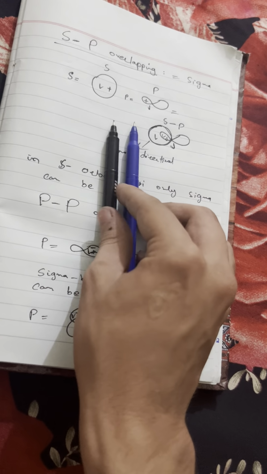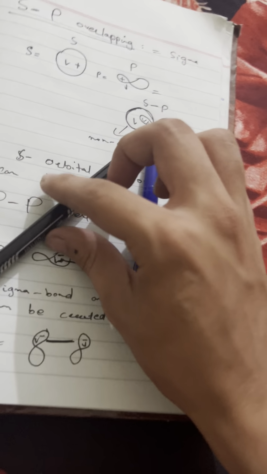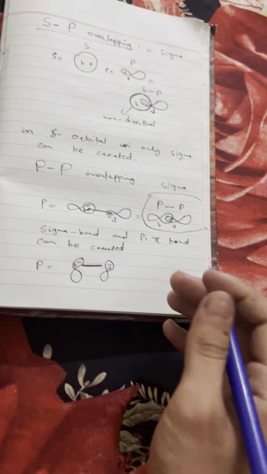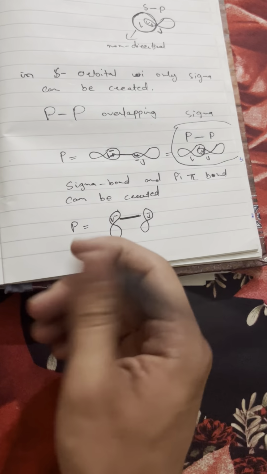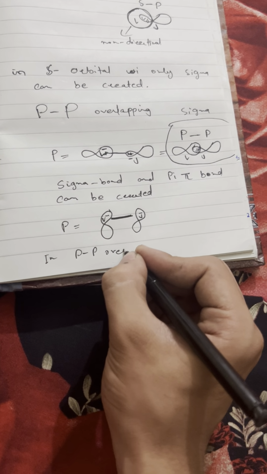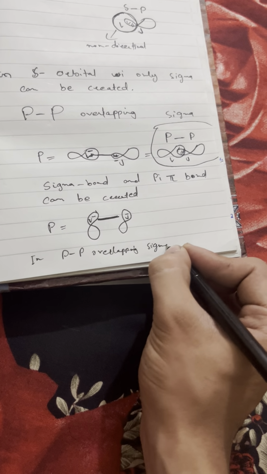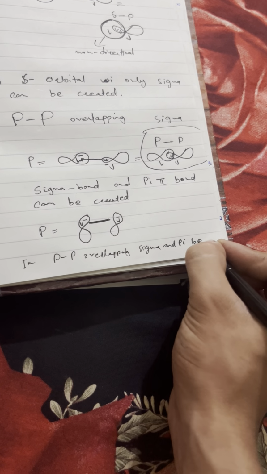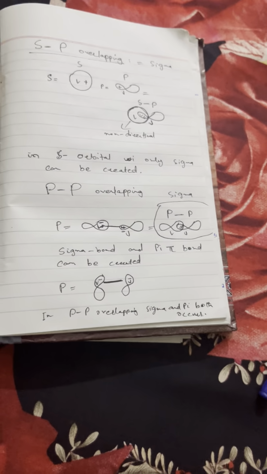So in P and P overlapping, both sigma and pi occur.